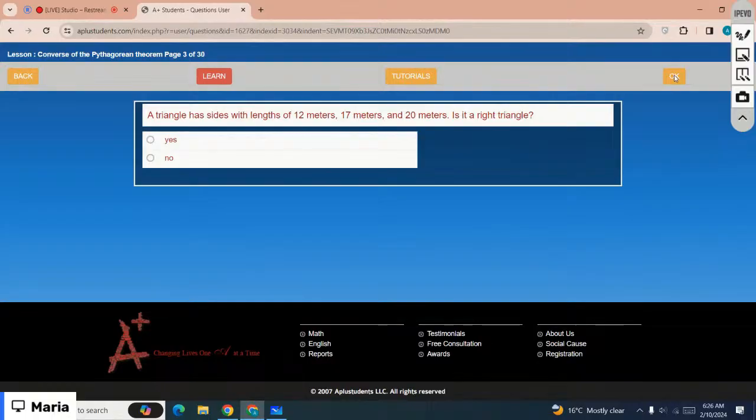Okay, 17 square is 289 plus 144. No, both sides are not equal, so this isn't a right angle triangle. The correct option is no. Got it?